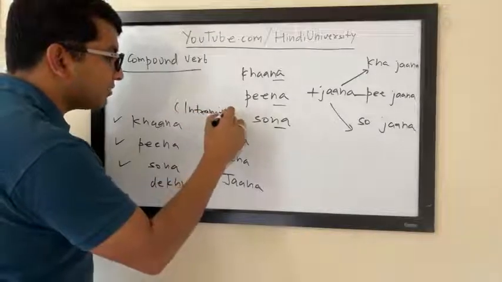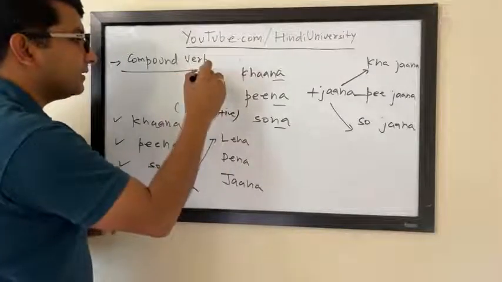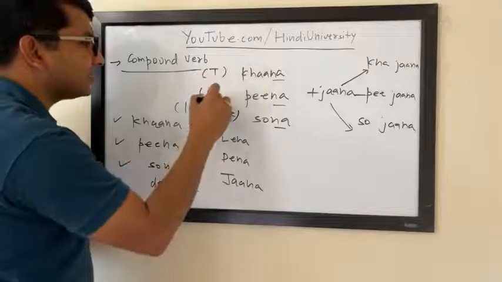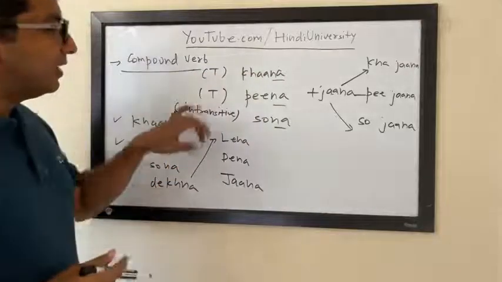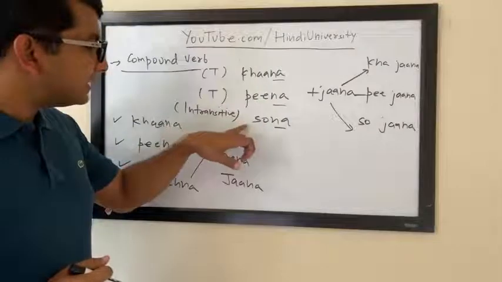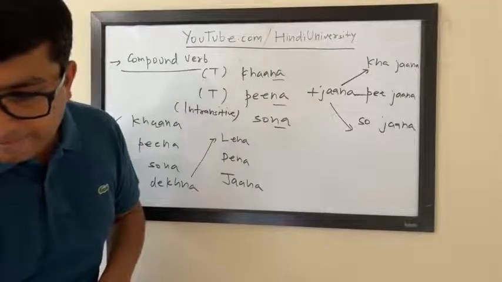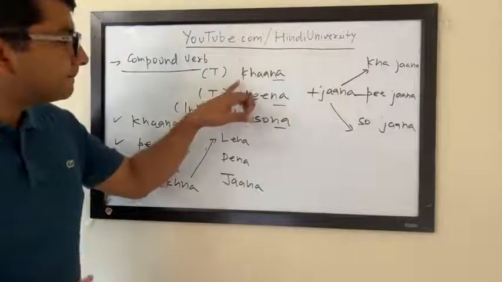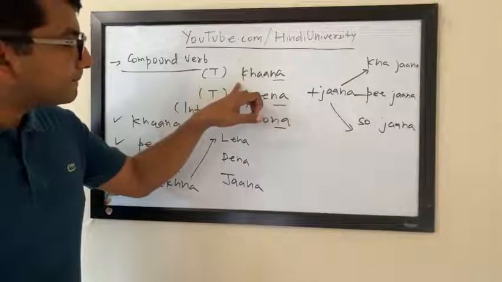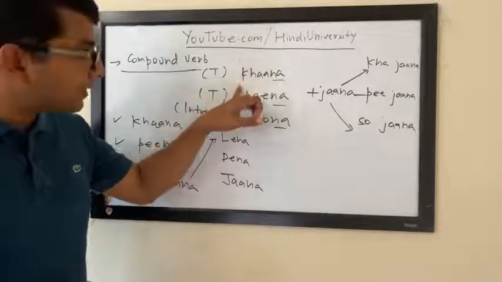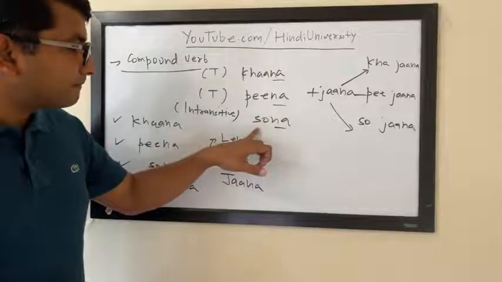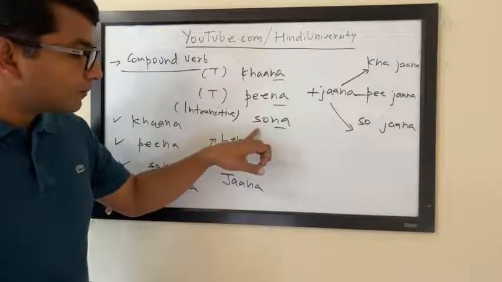What is the difference? Somebody may ask you, why are these transitive and why is this intransitive? Because the transitive has to be used with an object. Very good. And intransitive verbs don't need an object.